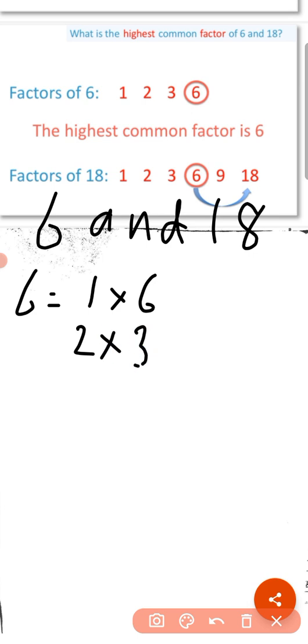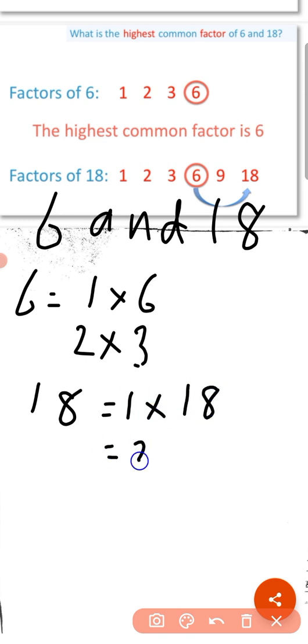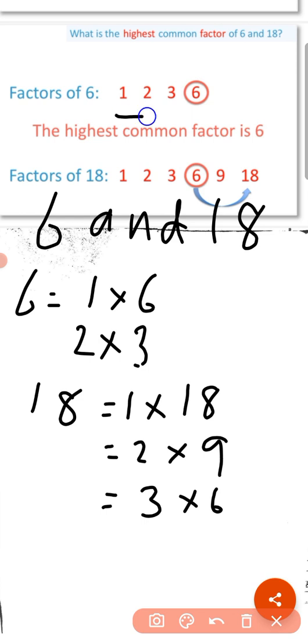Then 18: 1 into 18, 2 into 9, 3 into 6. So the factors of 6 are 1, 2, 3, 6 and factors of 18 are 1, 2, 3, 6, 9, 18.